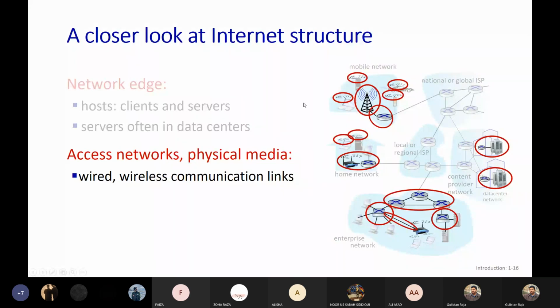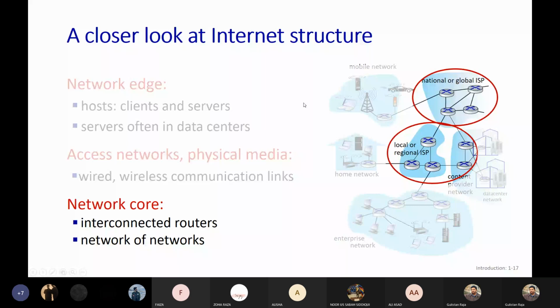Then we have the network core. The third category is the network core. What is the network core? It comprises ISPs, is managed by ISPs, and consists of routers.